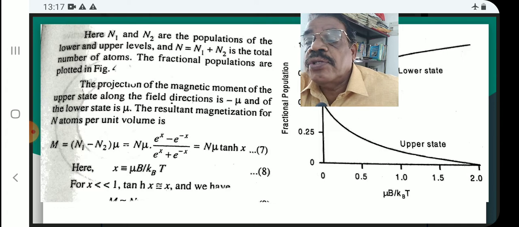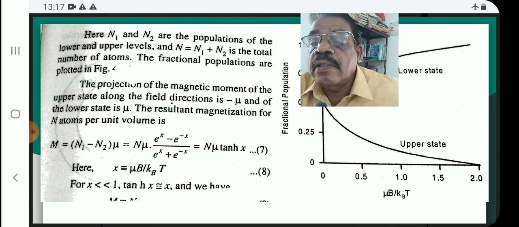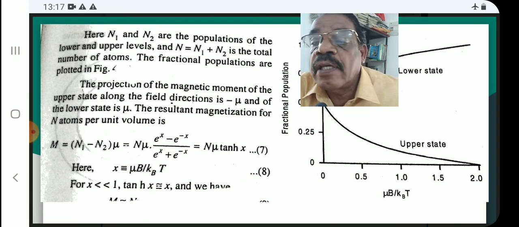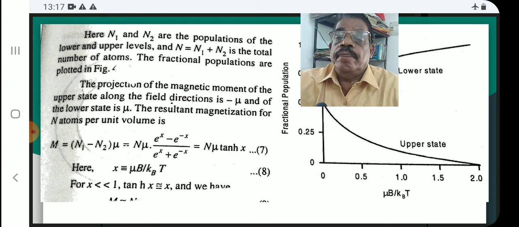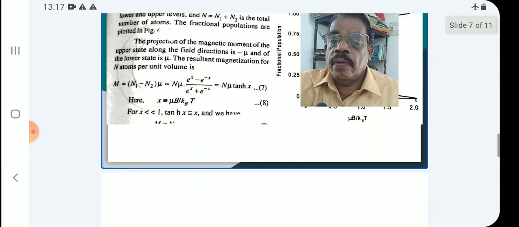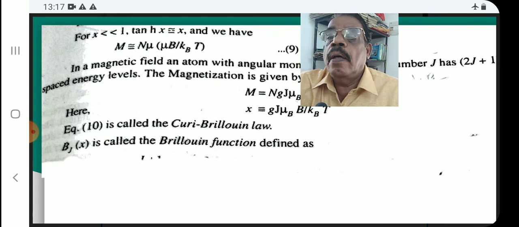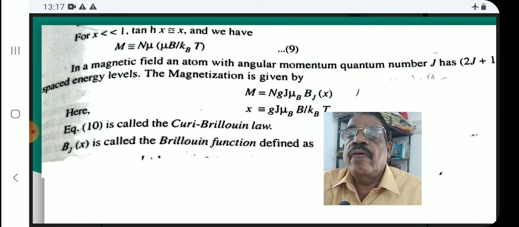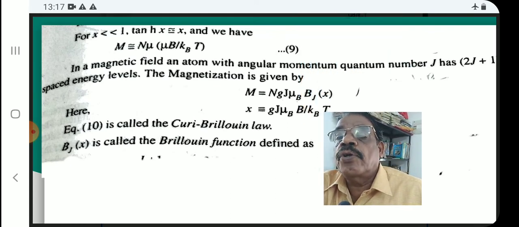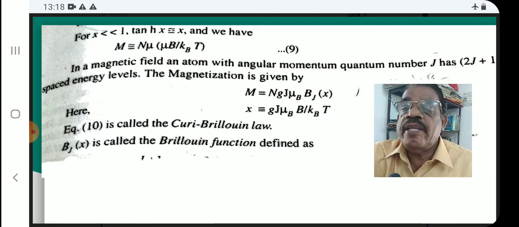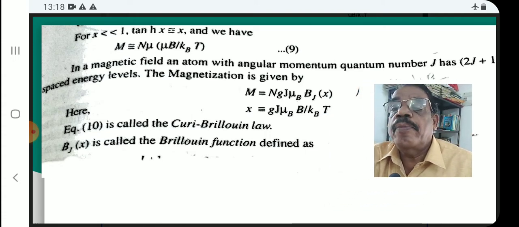Here x is mu b by kb into t. For x much less than 1, tanh x approximates to x. Then we have, repeated here, M is equal to magnetization is equal to n mu, number of atoms, into mu, magnetic moment, into mu b by kb into t.